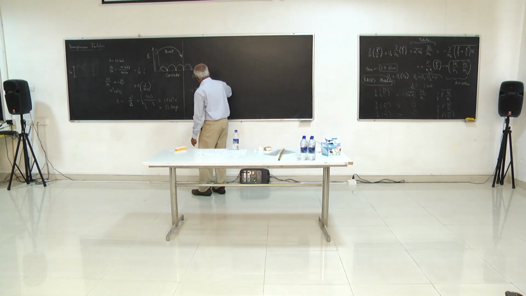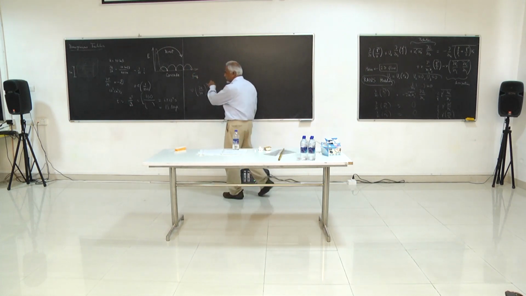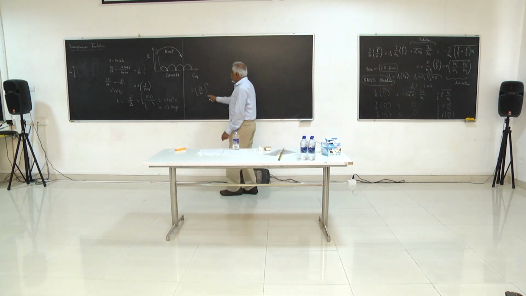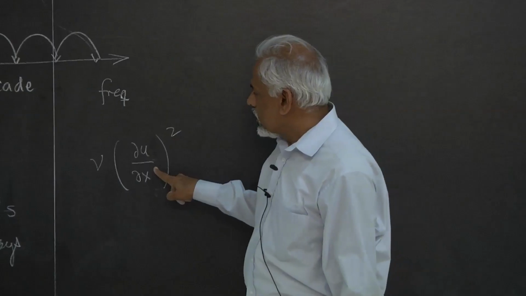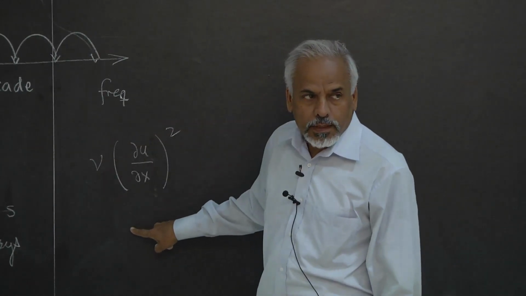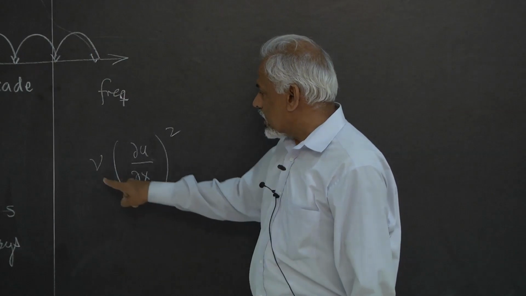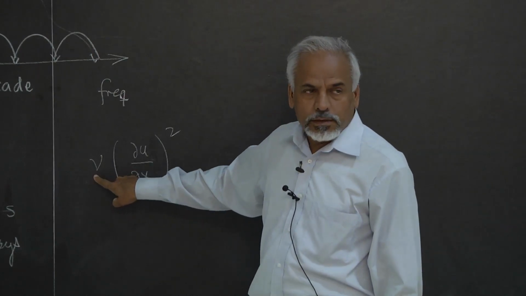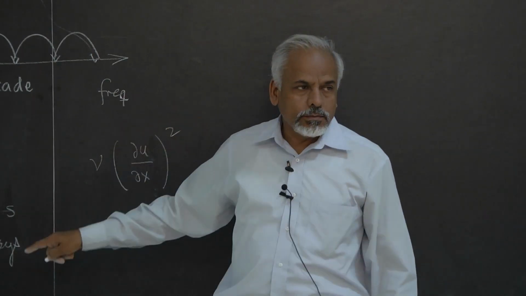I omit the indices and that sort of thing for now. So the larger the gradients, you might think, the larger the dissipation. Vice versa, you might think that the larger the viscosity, the larger the dissipation, right?